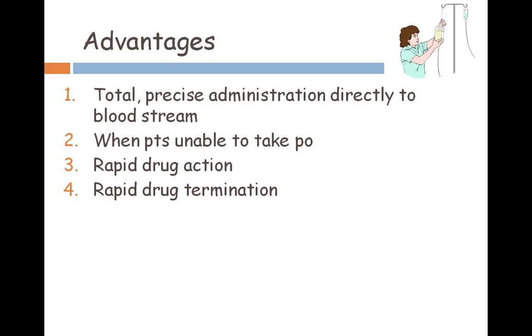For instance, the use of Pitocin in labor to augment contractions. If the contractions get too strong or too close together and the fetus is going into distress, we need to be able to slow down or cut off the Pitocin very quickly. So instead of giving it via the IM route, we give it IV.